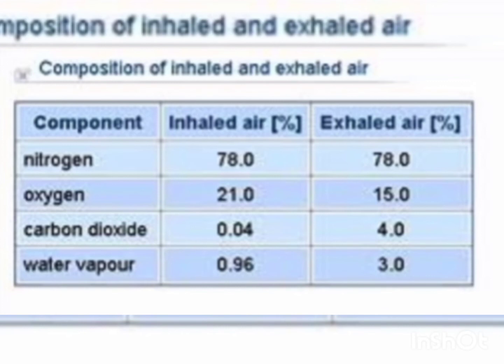Composition of inhaled and exhaled air. Nitrogen: 78.0% in inhaled air, 78.0% in exhaled air. Oxygen: 21.0% in inhaled air and 15.0% in exhaled air.